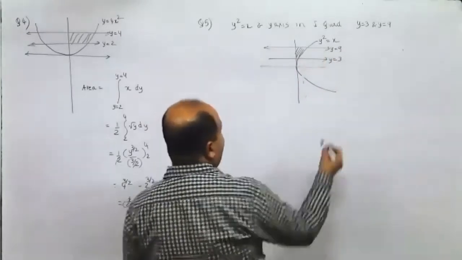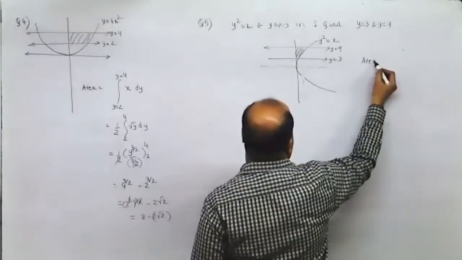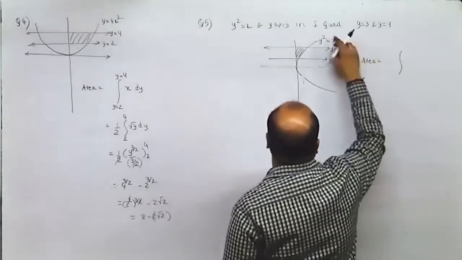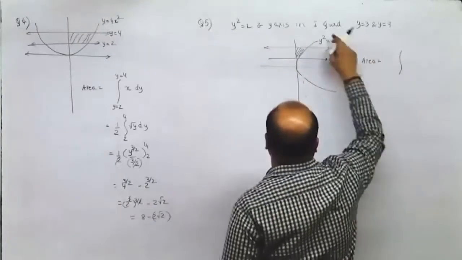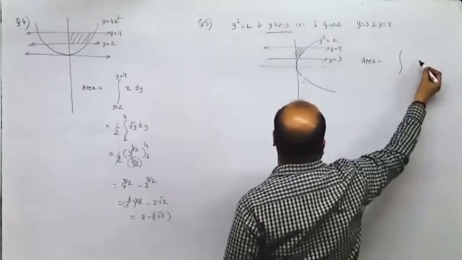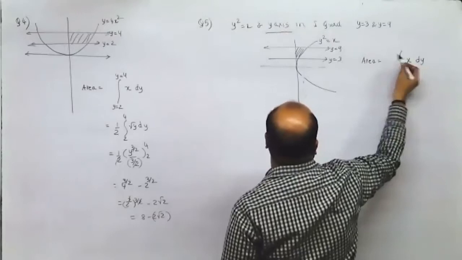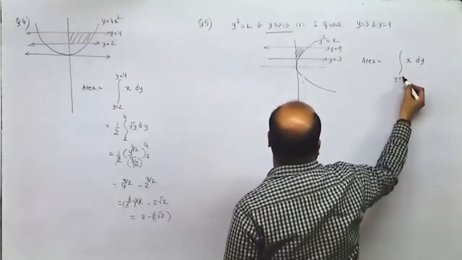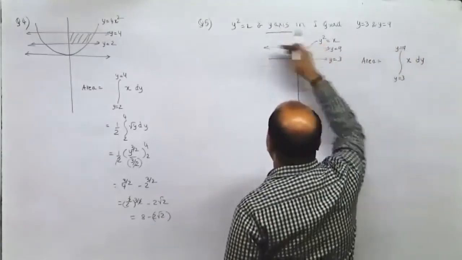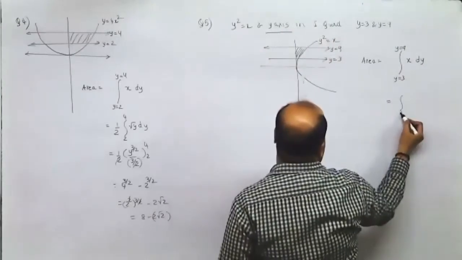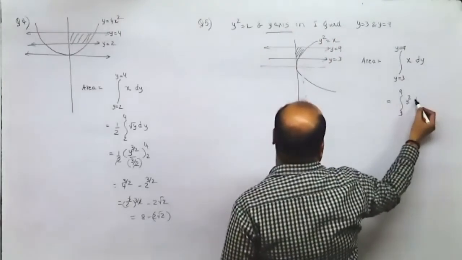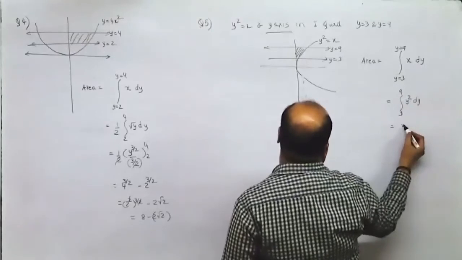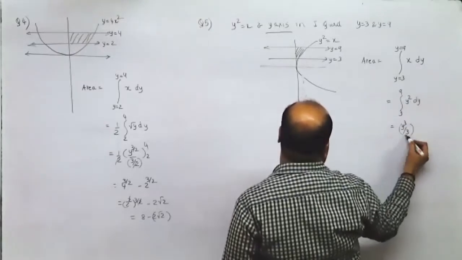So the area is, first of all, the integration of x dy, since this is along the y axis. It lies between y equal to 3 and y equal to 9, and x is y square. So this would be the integral from 3 to 9 of y square dy. This would be y cube by 3 between 3 and 9.